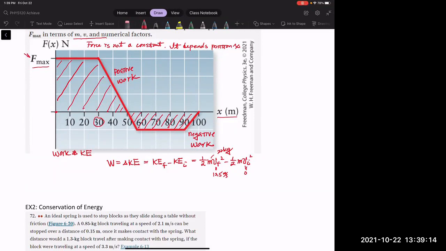Then let's see how we can find the area. So work is the area. How do you find the area for the first shape, before we go to the zero? That one is actually a trapezoid. I'm not sure that you know how to find the area of the trapezoid.